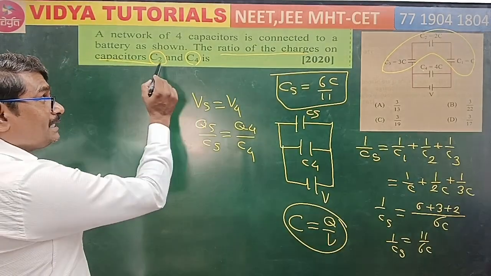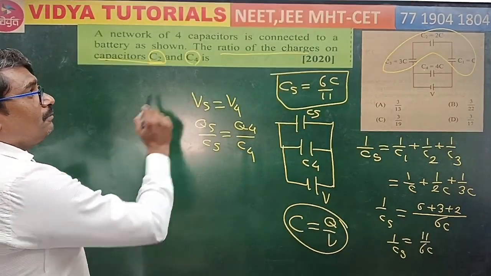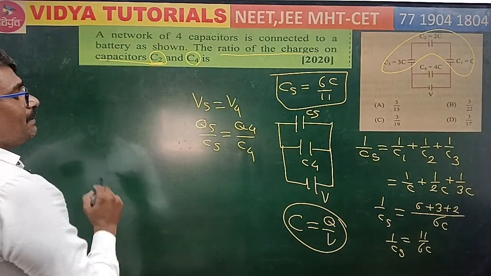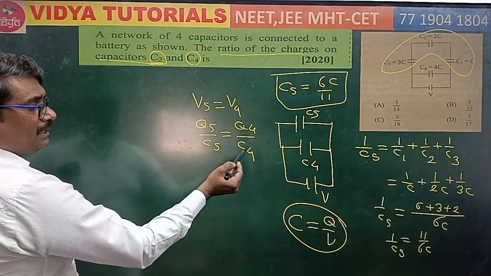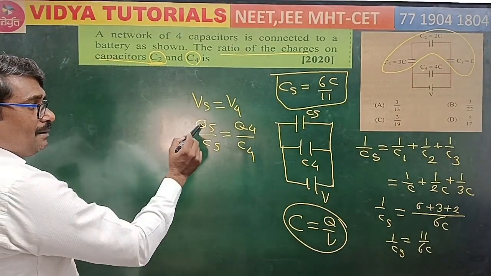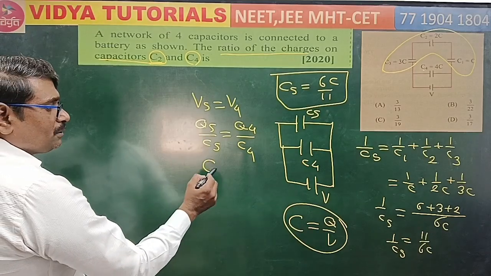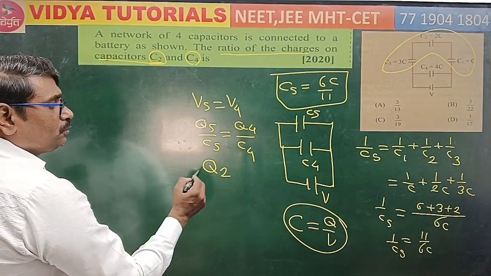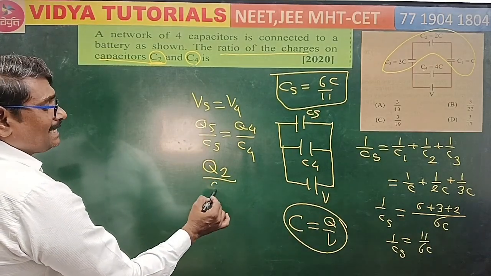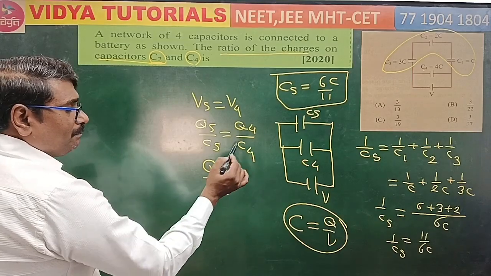But the question is the ratio of the charges on capacitors C2 and C4. Here C4 is present but C2 is not, but we know that Qs can be substituted as Q2, and Cs as it is. Why?